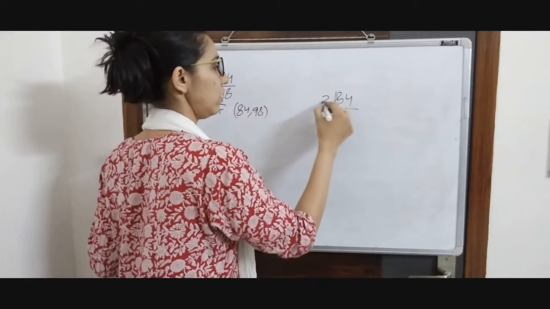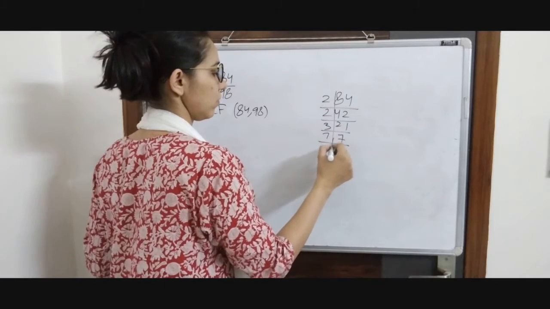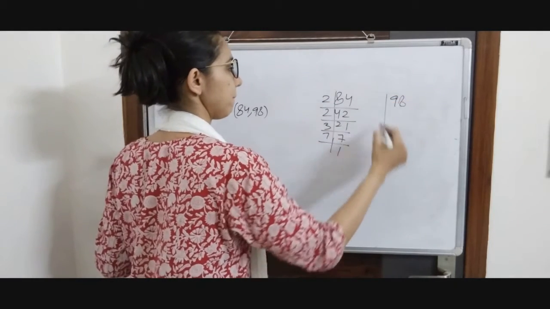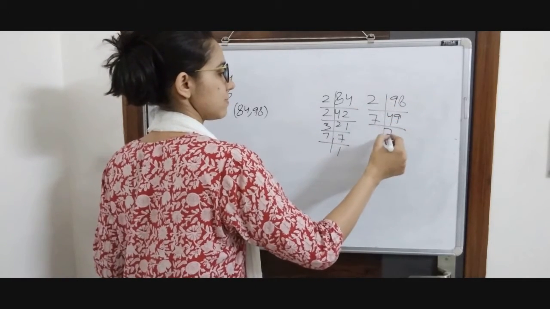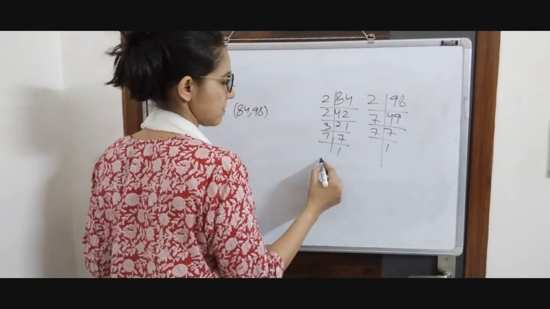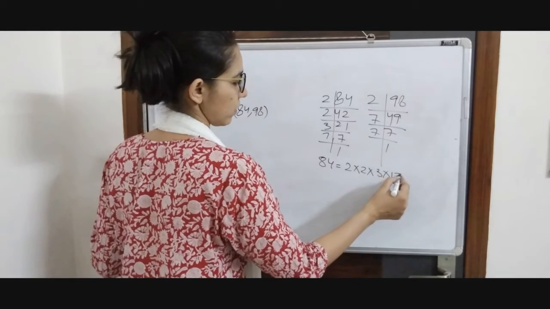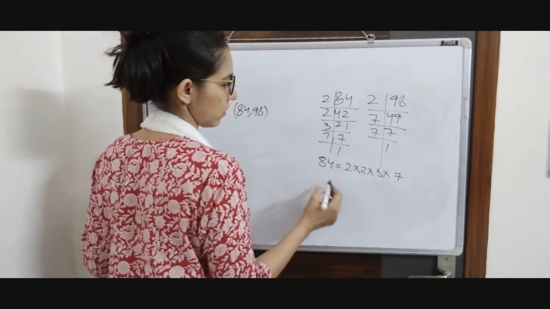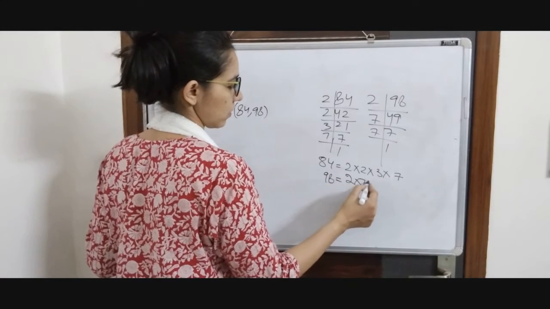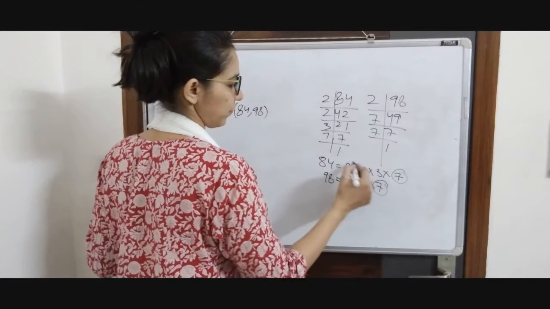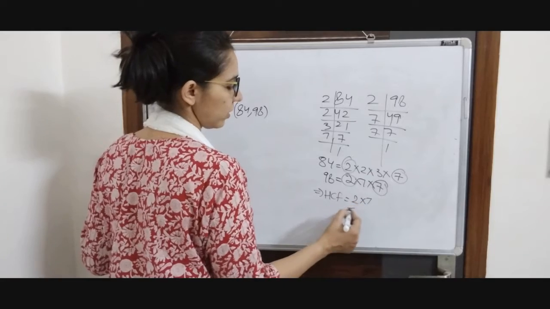That implies HCF is going to be 2 into 7, that is 14.